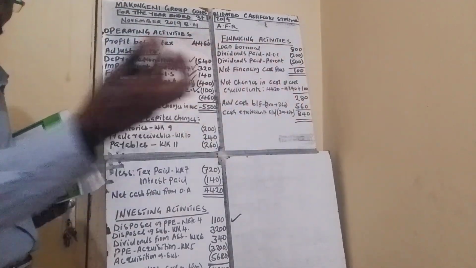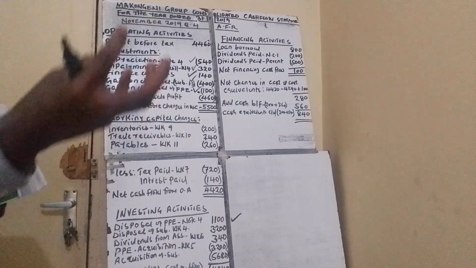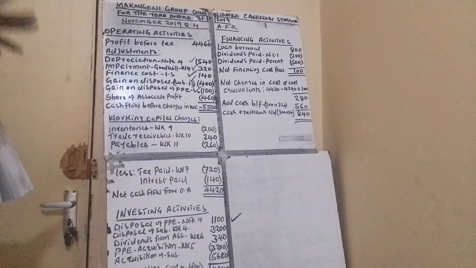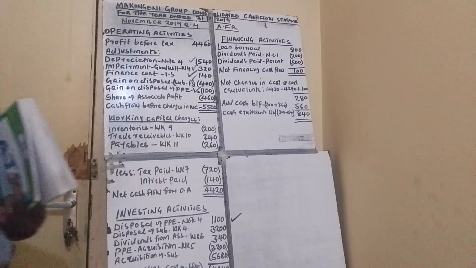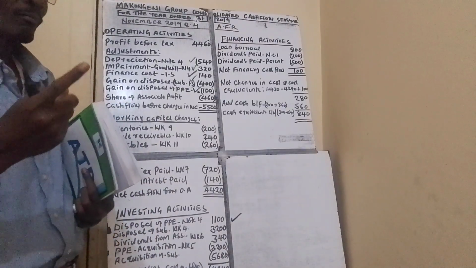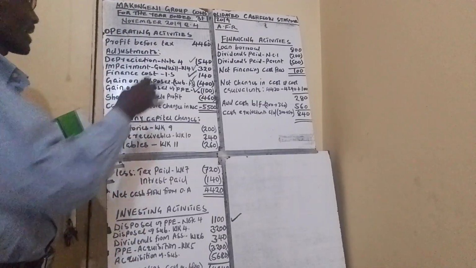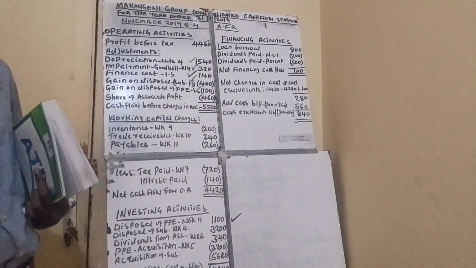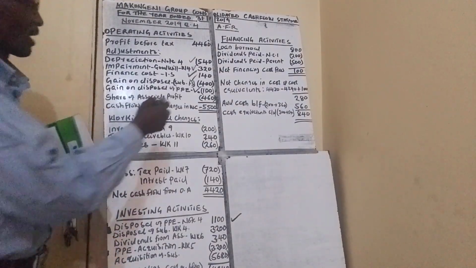That cash that you actually received should be accounted for here under investing, because that is actually the cash that you receive. But for the purpose of profit, you ask yourself, did you make a profit or a loss? In this case, there was a profit because the net book value or the carrying amount of this asset was 1000, but we are selling it at 1100. So the difference is a gain. So that gain was entered when calculating this profit. But that does not actually involve actual cash movement. A profit is not an actual cash movement. So we have to deduct it here.